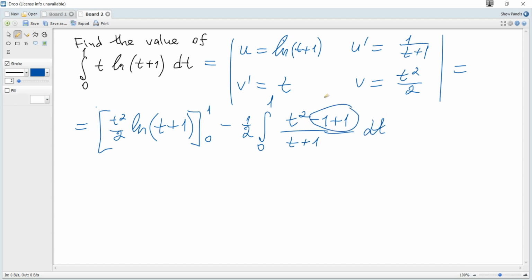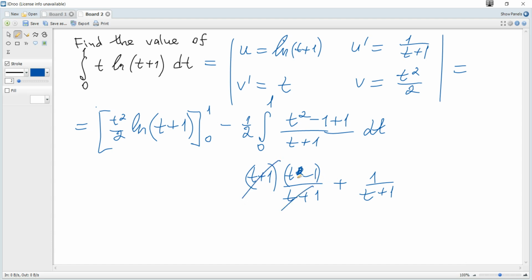It's 0, so it remains the same, but now I can split it into 2 fractions, so it becomes t squared minus 1 over t plus 1 plus 1 over t plus 1. And t squared minus 1 is t minus 1 multiplied by t plus 1. And hence it becomes t minus 1 plus 1 over t plus 1.